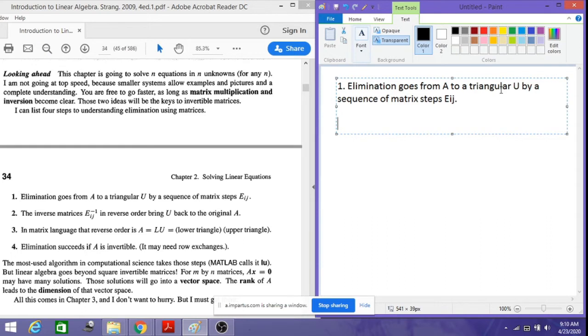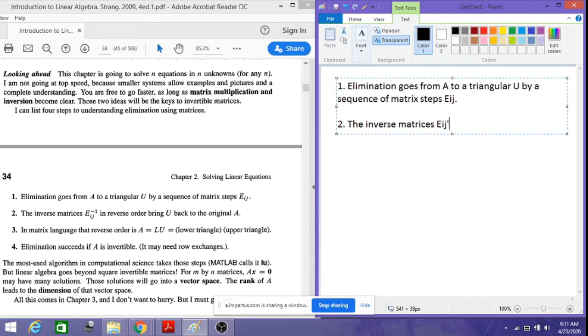So it means the coefficients of A, that is the matrix which we had written, those coefficients we have to bring into a triangular form, that is nothing but the upper triangular form, with a sequence of steps E_ij. So that we will see. Then the inverse matrices E inverse of ij.